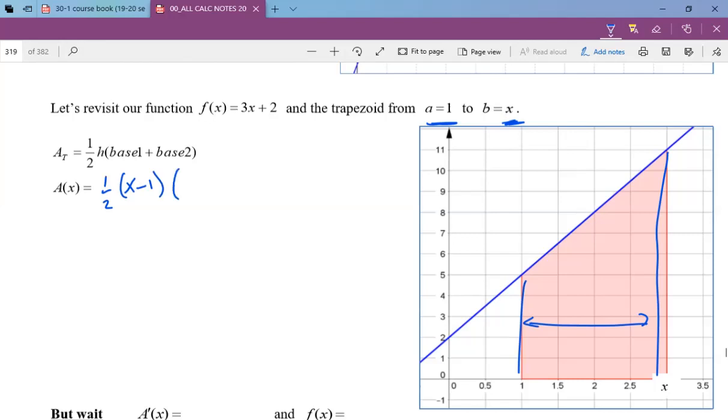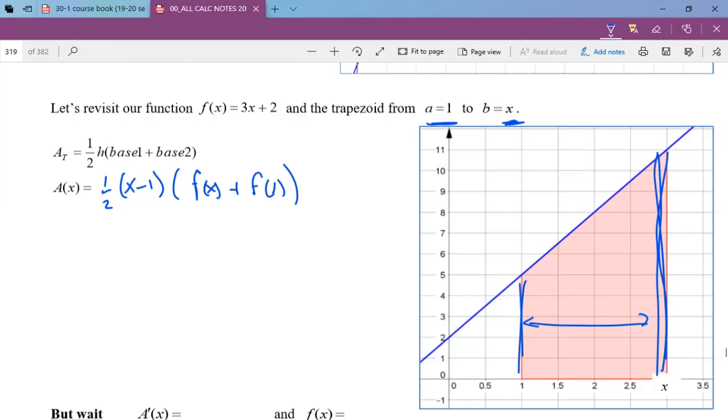Now we add up our 2 base lengths. The one over here on the right is f of x, and the one over here on the left is f at 1. We're adding those together, and that should return the area.